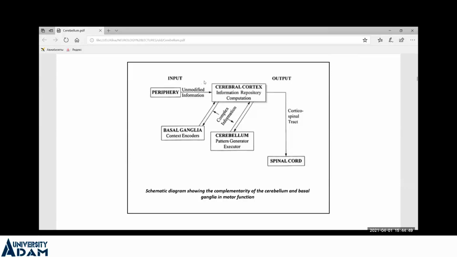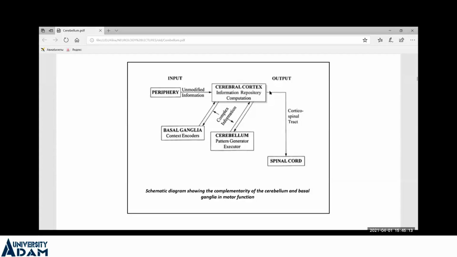As you can see here, in the input periphery, unmodified information goes to the cerebral cortex, right? Information repository, computation. And it does not happen only in the sensory input, which was behind the central sulcus, right? The sensory cortex.